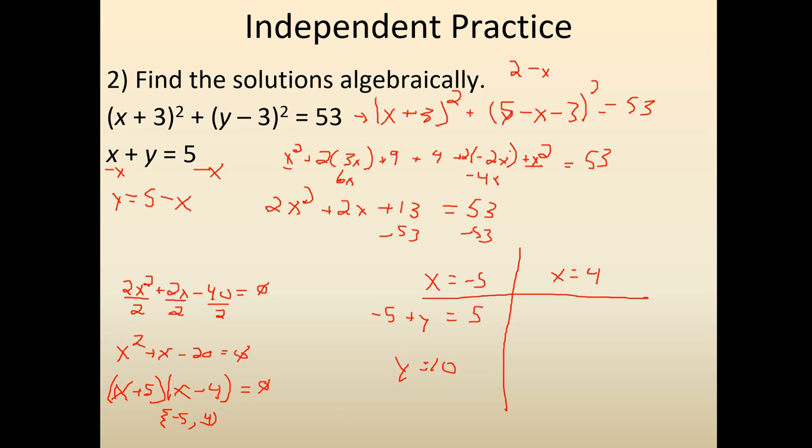So my first solution, when x is negative 5, y is 10. And for the next one, it's going to be 4 plus y equals 5, y equals 1. So my last solution is x is 4, y is 1. And there we go.